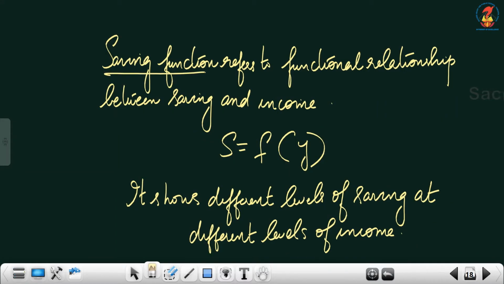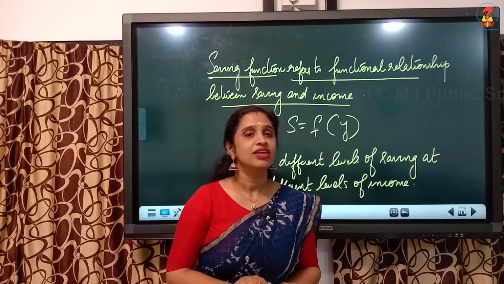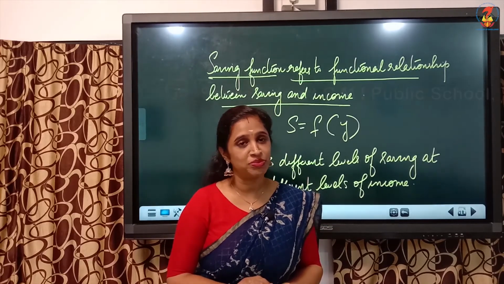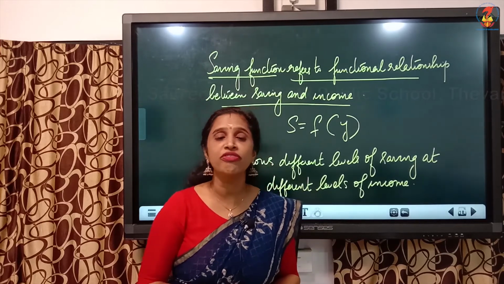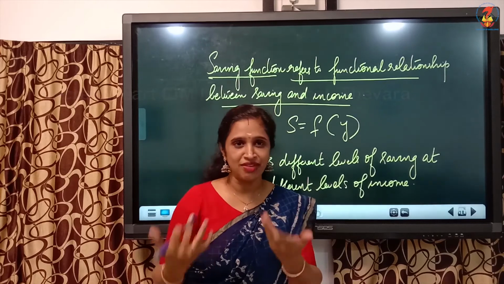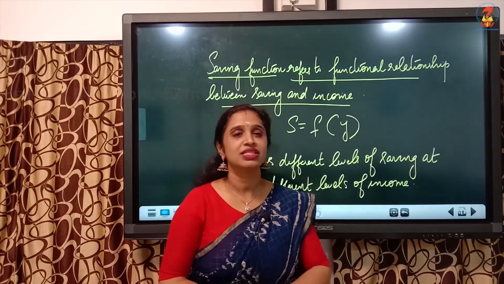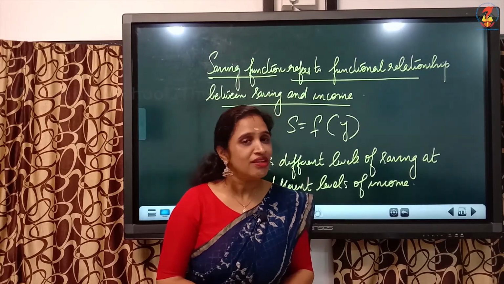Saving function refers to the functional relationship between saving and income. Just as we wrote, C is the f of Y, S is also the f of Y. That means saving is the function of income, which means that when the income increases, saving also increases. Definitely, when the income increases, the savings of the economy also increases.